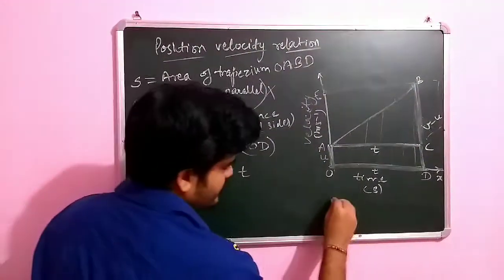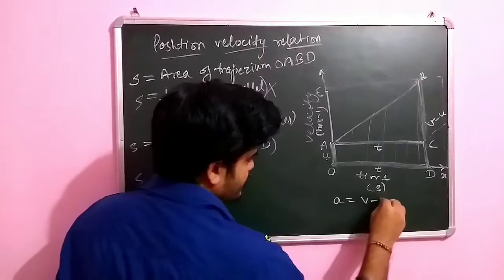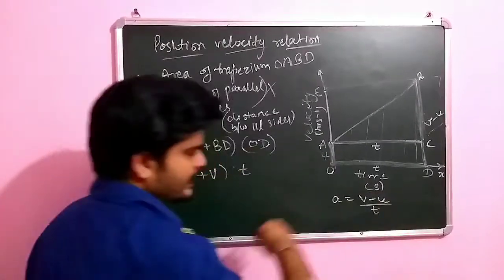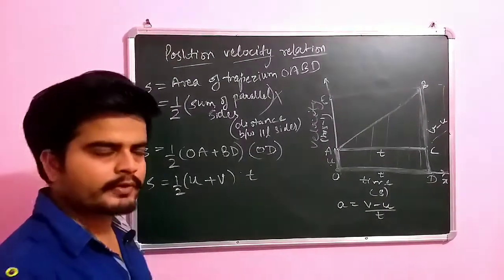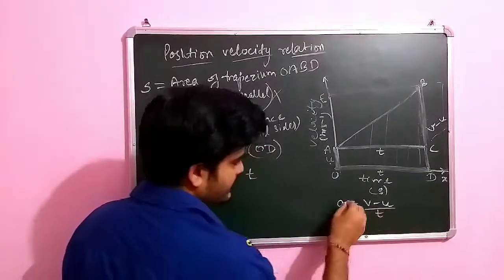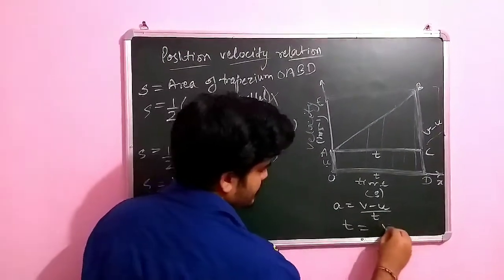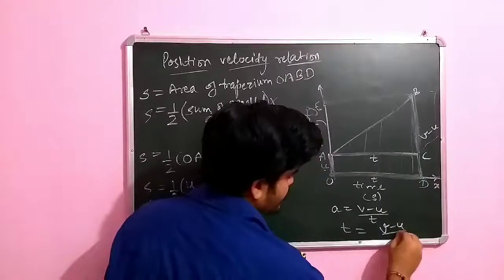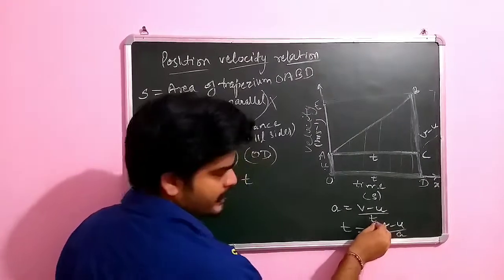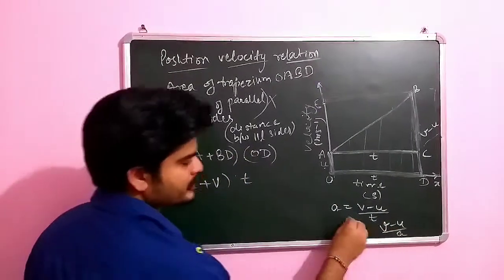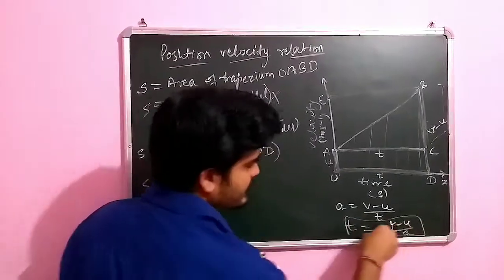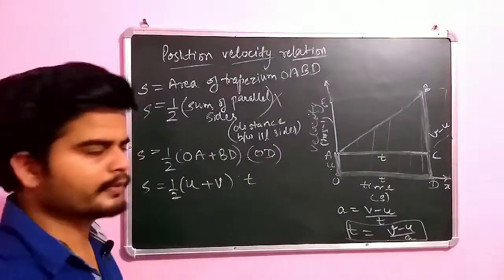Acceleration a is equal to V minus U by t. Cross multiply: t equals V minus U by a. A will go in the denominator, t will come here. So the value of t is V minus U upon a.